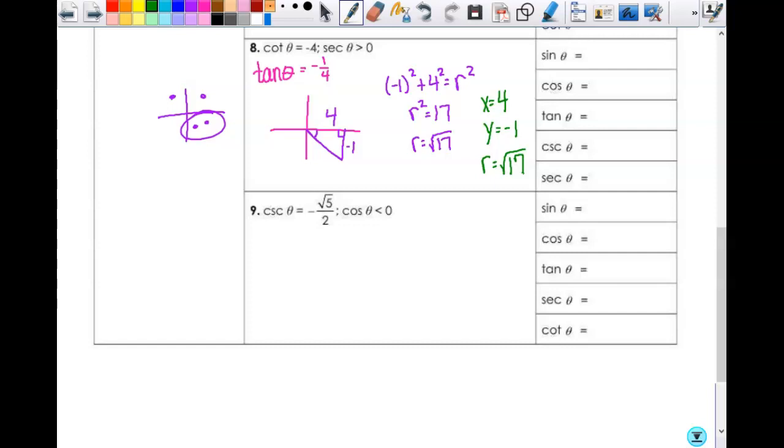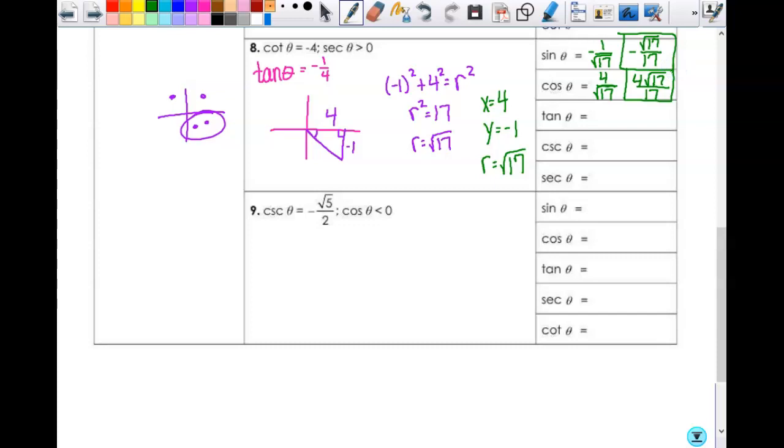Sine is y over r. So this is -1 over the square root of 17, which is really negative square root of 17 over 17. Good. Cosine is 4 over the square root of 17, so that's 4 square root of 17 over 17.